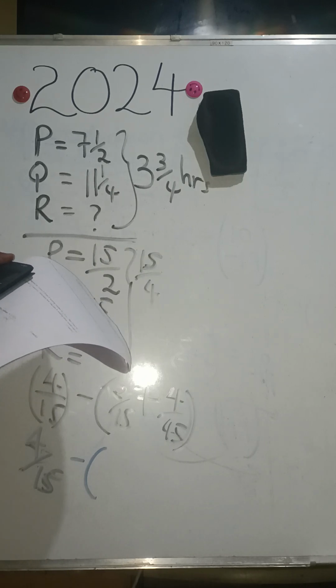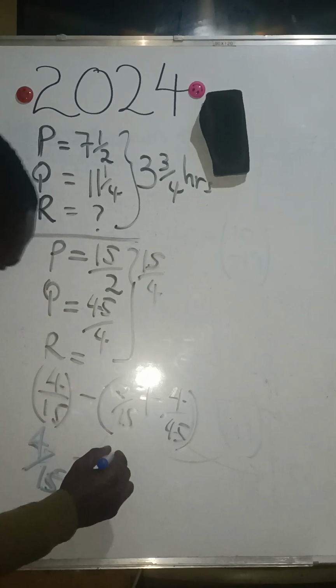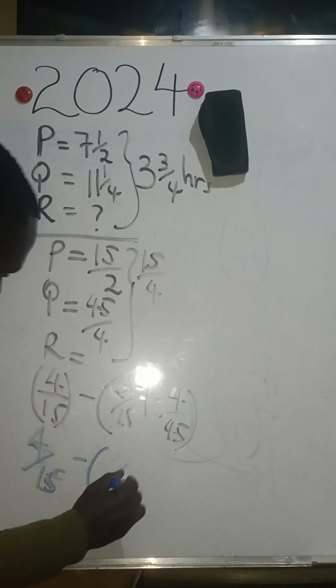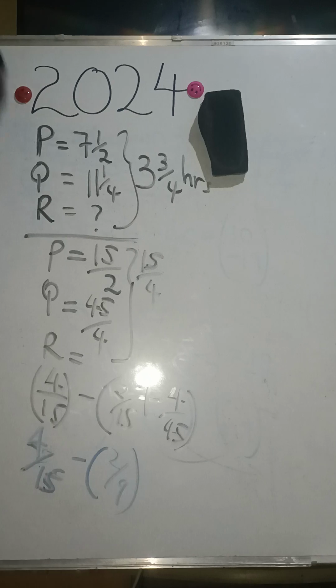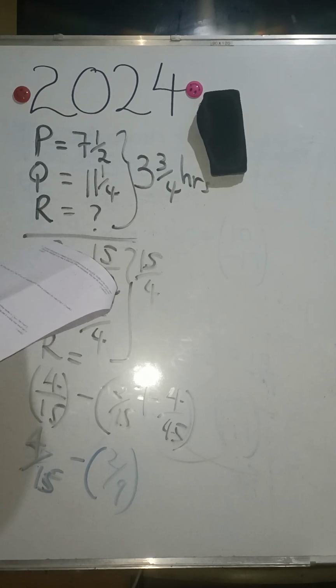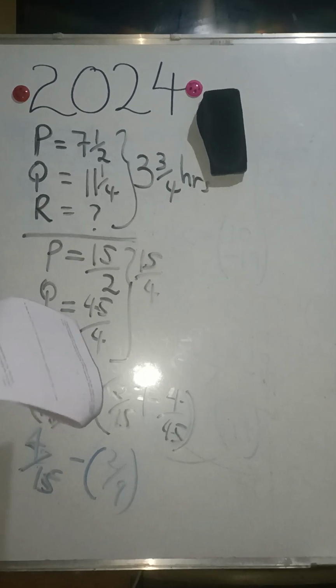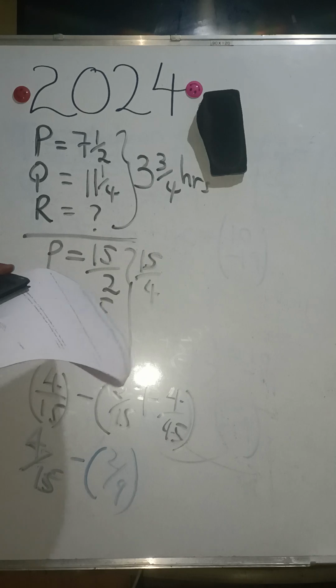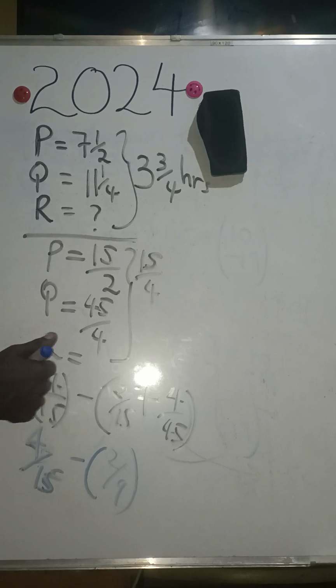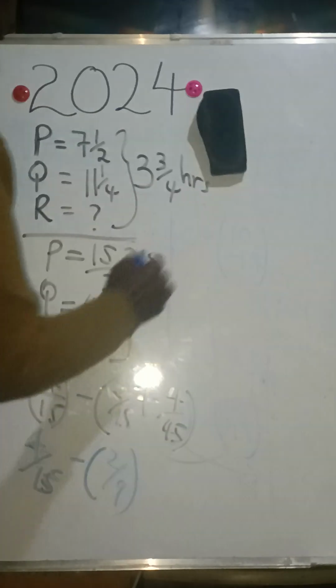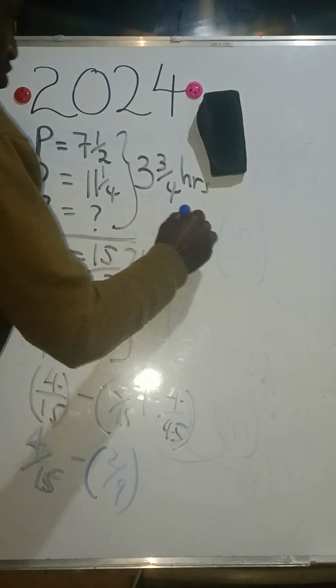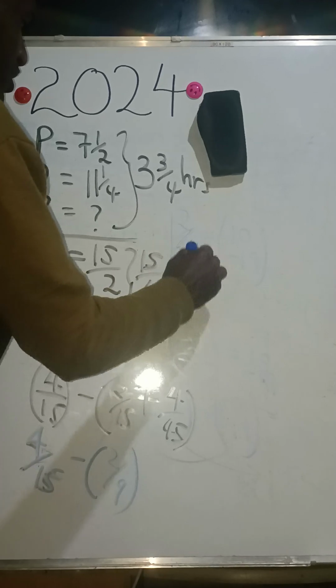That gives us 2/9. So they can do 2/9 of the work working together. So let's get the difference to know how much work the other one can do in 1 hour. So 4 over 15 less 2 over 9 gives us 2 over 45. So R alone can do 2 over 45.